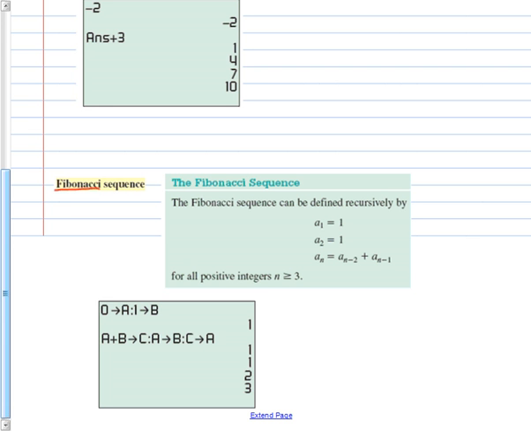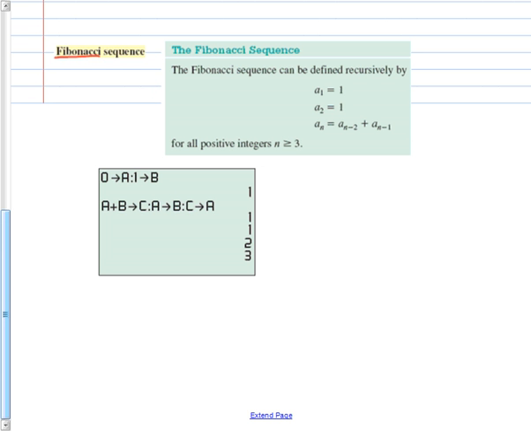They talk about counting the petals on flowers, and the number of petals tends to be a number in the Fibonacci sequence. Or if you have pine cones, if you count a row going around and then the next one going around, it's not guaranteed, but it tends to be a number in the Fibonacci sequence.